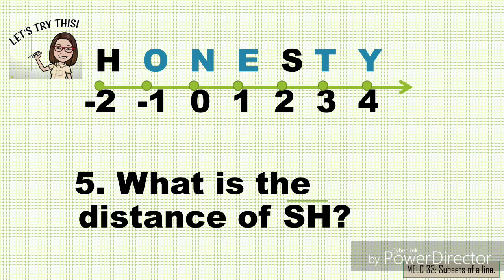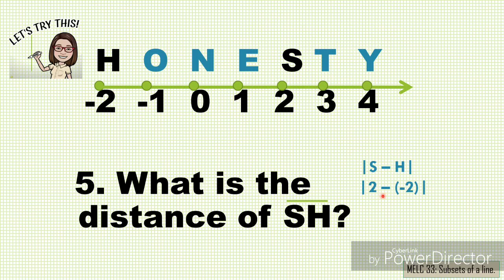Okay, now let's have the distance of line segment SH. So, from point S to point H naman tayo. Kunin ulit natin yung distance formula. Gamitin natin yan. So, ang point S ay may coordinate na 2. Yung H ay may coordinate na negative 2.